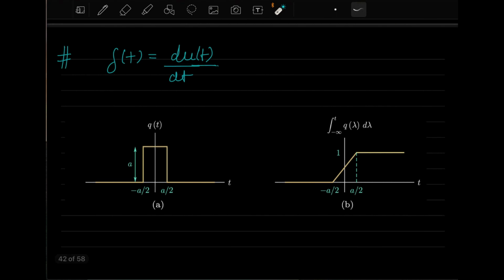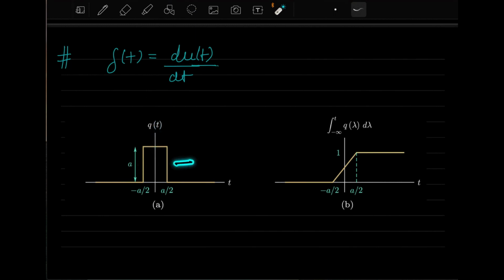This is just showing you that if you have a pulse which is given like this, and if you integrate this pulse, what you will get is this one. So within the integration, it will be like this. And the important thing is, as we have discussed earlier also, when you reduce the value of a, this horizontal dimension will reduce and the vertical dimension will increase.